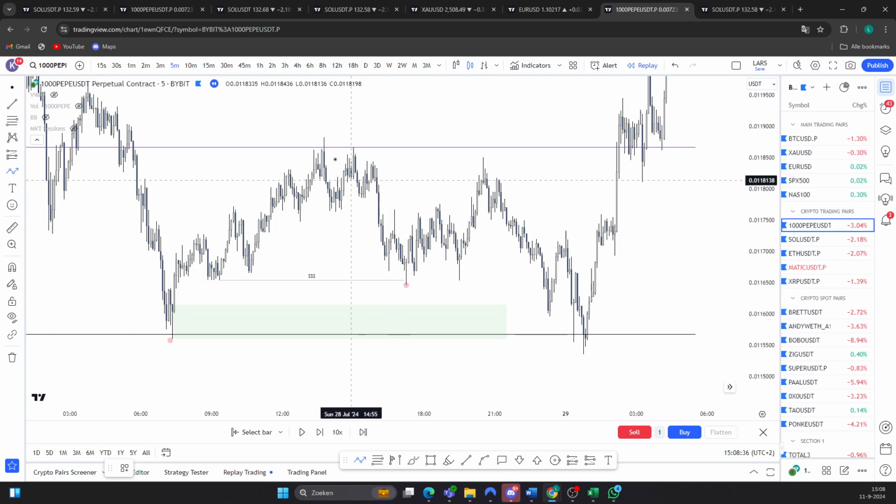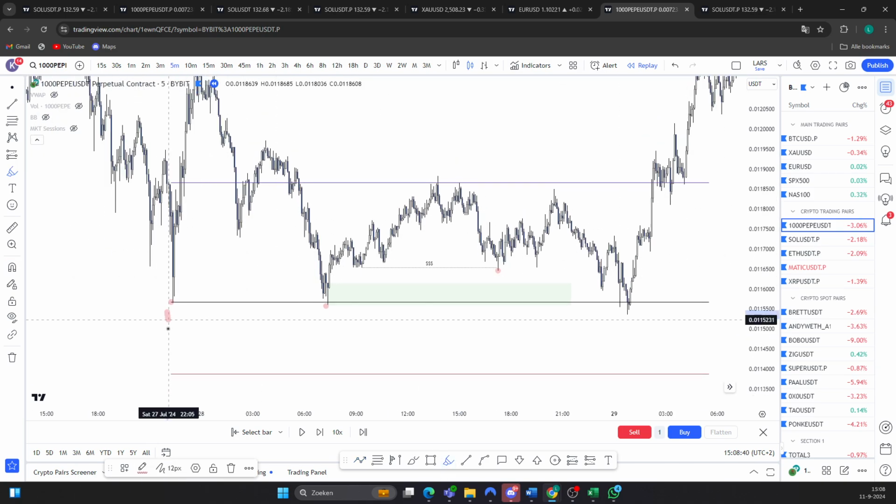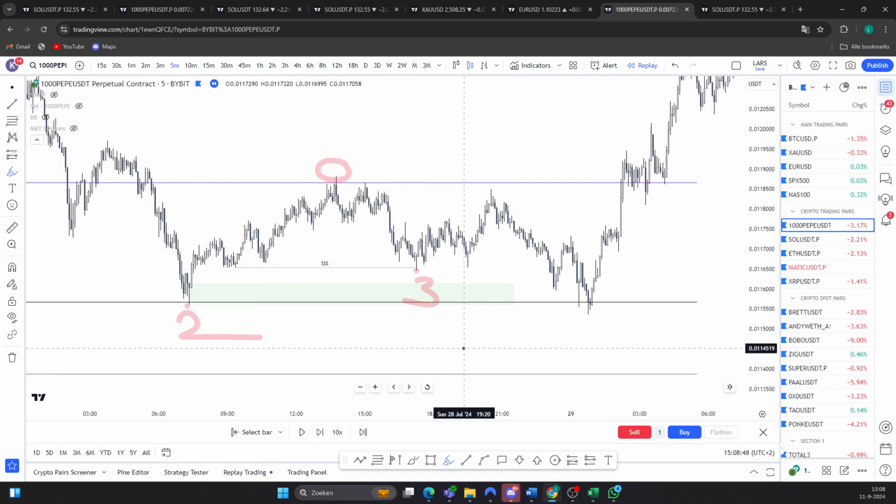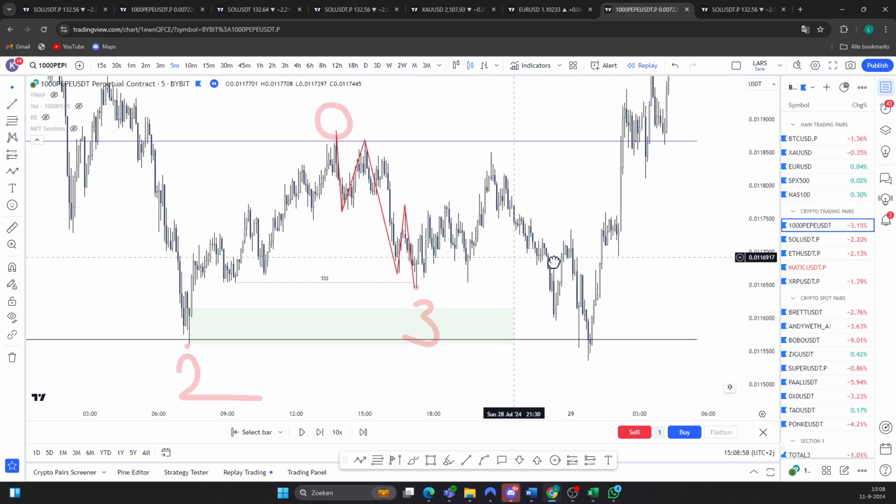Now, how do we confirm it? We watch our structure from the highest point between tap 2 and tap 3 down towards that third tap low. Let's watch our structure. We have a high, low, lower high, lower low, lower high, lower low.